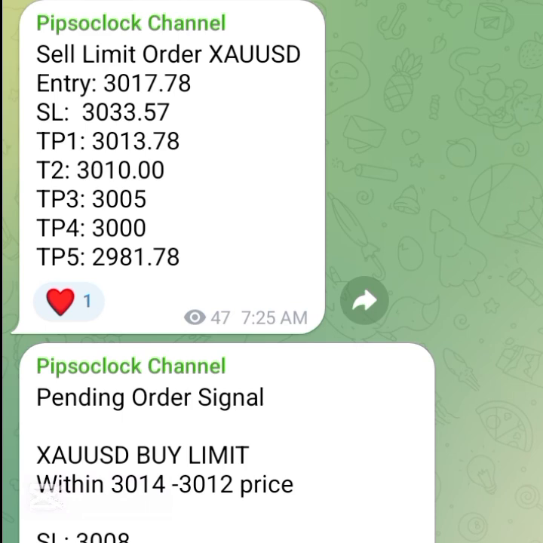The TP here is about 130 pips. Now, if you use the lowest lot size for gold, which is 0.01 on any broker, one pip there is about 10 cents. So 130 pips will give you about $13.